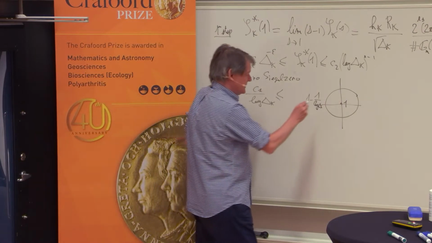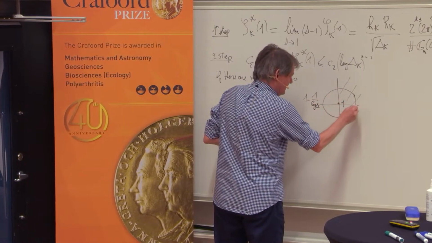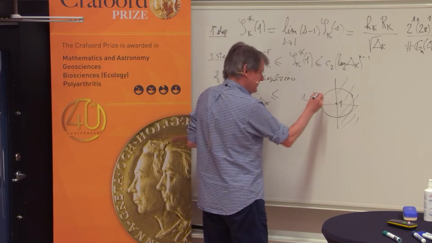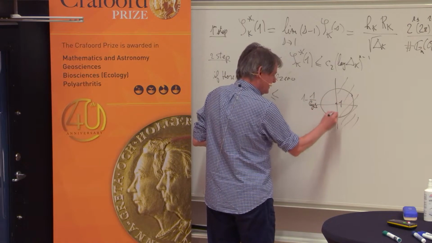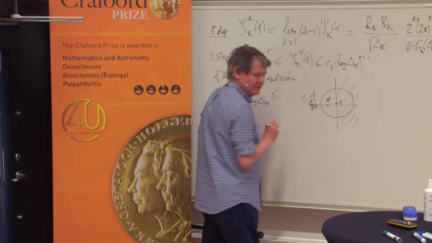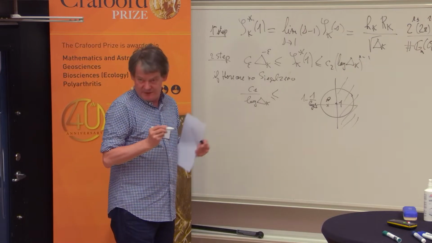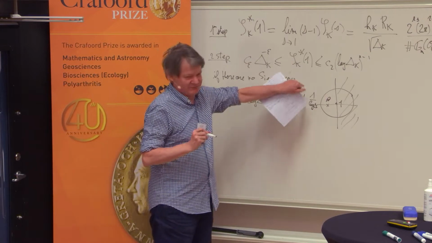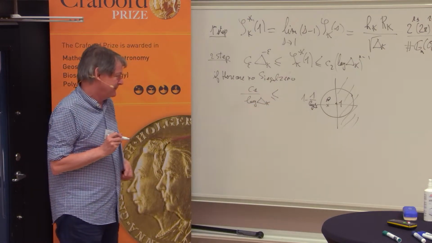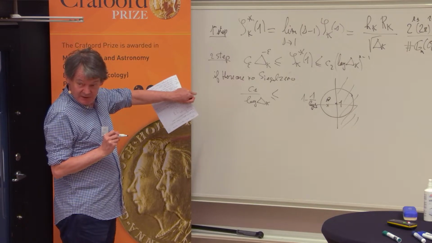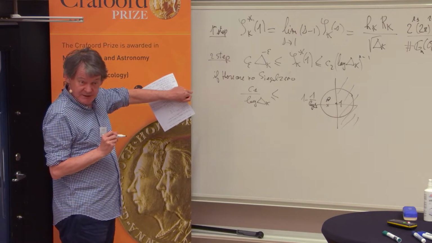So you know that there are no zeros here, no zeros on the line. But you also note that in this small disk, there is at most one zero. It has to be real. That's what is called a Siegel zero. Up to the constant, that can vary. So if there's no Siegel zero, you get a much better estimate.